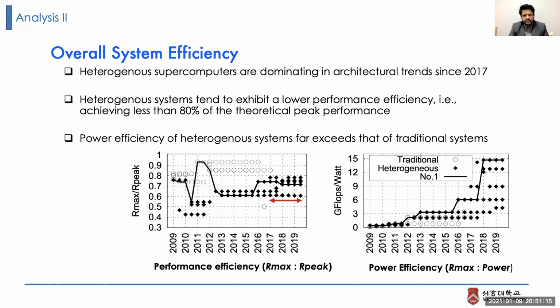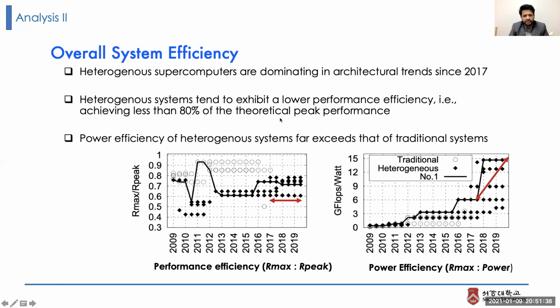Further, we can notice that the heterogeneous systems tend to exhibit a lower performance efficiency, that is, achieving less than 80% of the theoretical peak performance, which is Rpeak. Similarly, the power efficiency of the heterogeneous systems far exceeds that of traditional systems, especially since 2017.